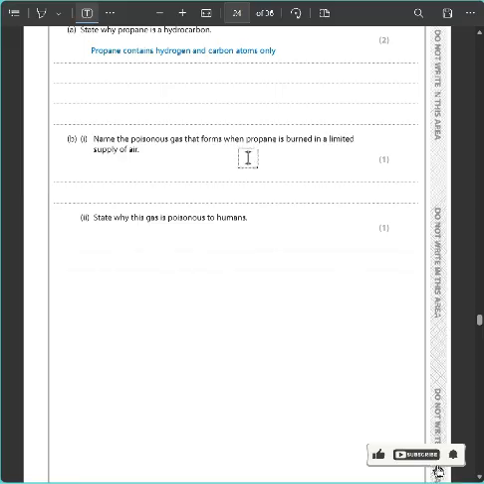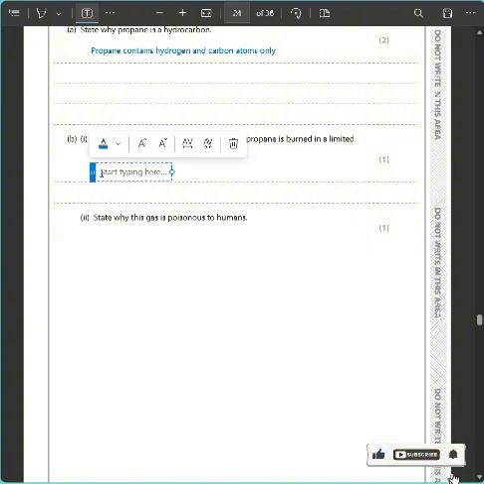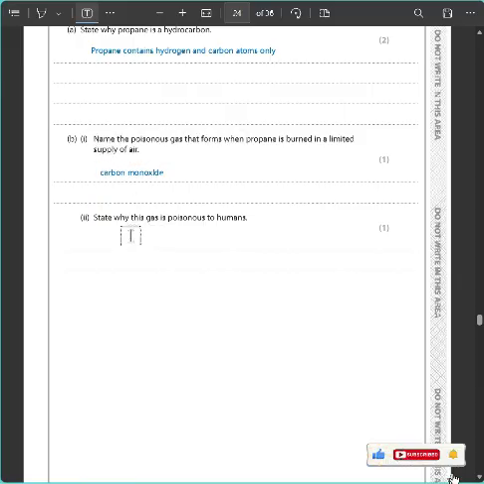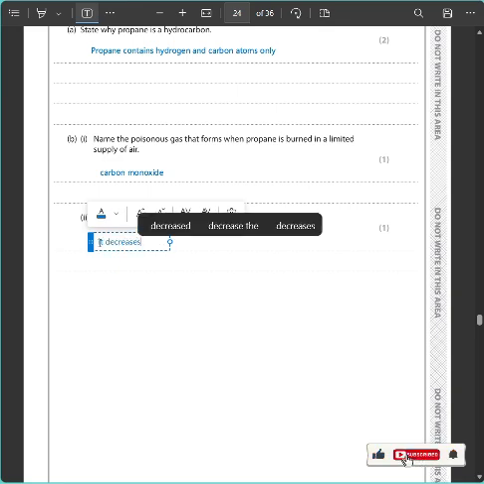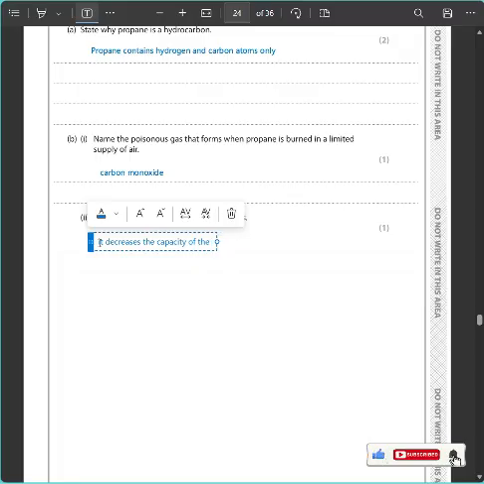Name the poisonous gas that forms when propane is burned in a limited supply of air. Means that there is less air, that's why carbon monoxide will be produced. Say why this gas is poisonous to humans. Because it decreases the capacity of the blood to transport oxygen.